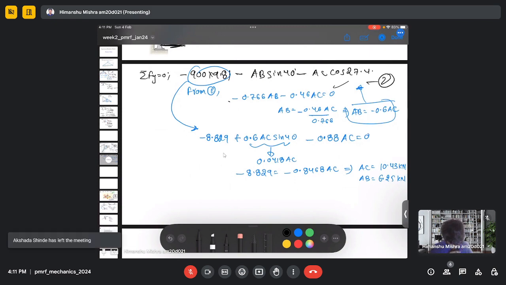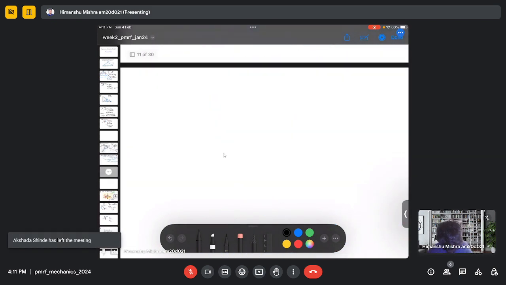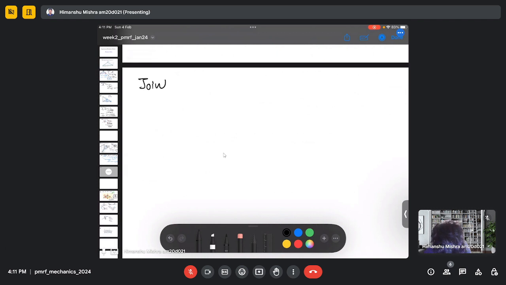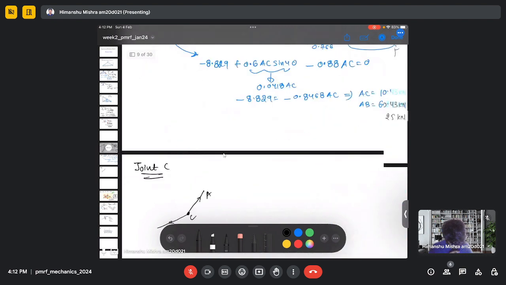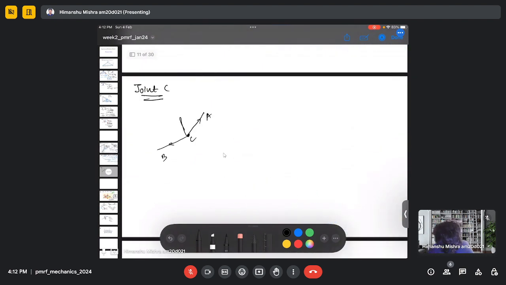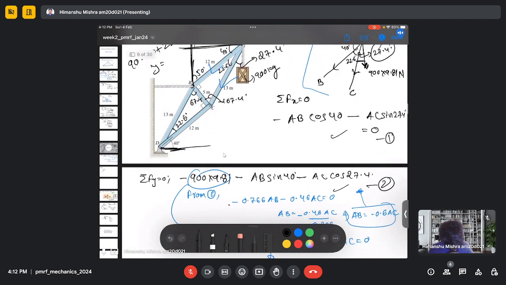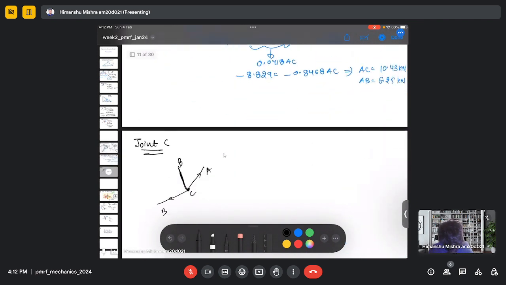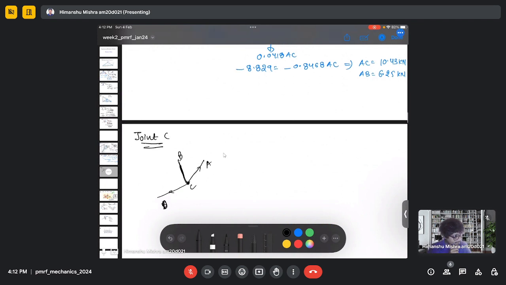So let's consider joint C. You have here C, A, B, and here you have B. This is D. And this is the angle 27.4.